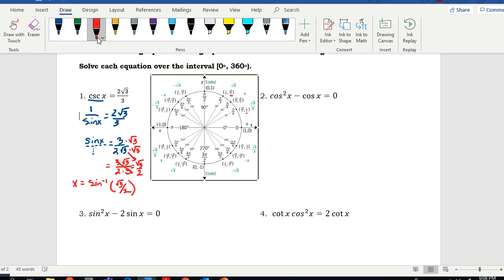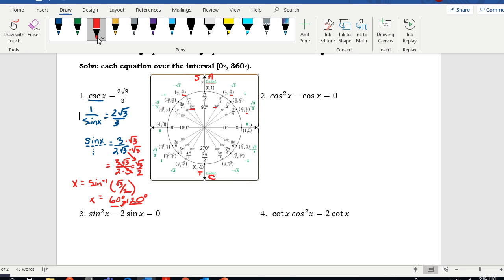It's positive here, and it should be positive here, because if you remember, it's all students take calculus: all of them are positive in the first quadrant, sine's positive in the second quadrant. So here, x is equal to 60 and 120. Okay, 60 degrees and 120 degrees. That is just a comma right there.